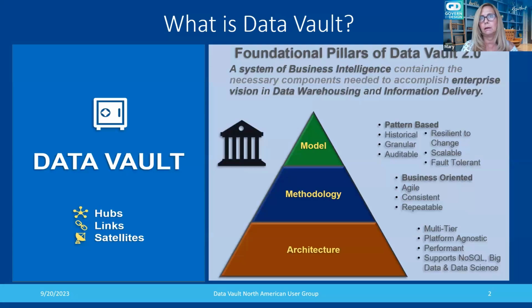We use, and I know that they're going to be speaking about this later, deterministic hash keys. What that allows us to do is load data out of sequence. You can load the children before the parent. The big benefit is it's great for streaming data. If you get data out of sequence, no problem.